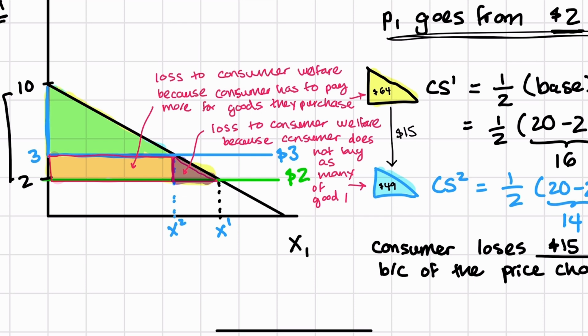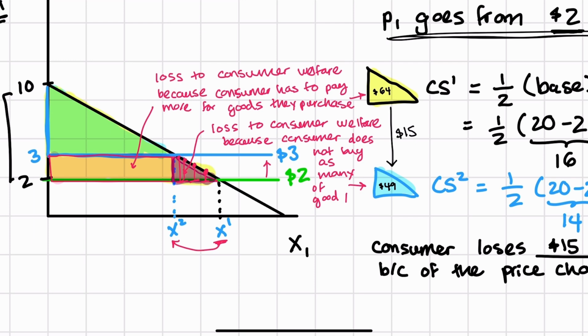So we see the consumer first buying X1 and then buying less of good one. And so they were willing to pay this for good one, and they used to only have to pay this amount. But then when the price increased for good one, all of these purchases were made irrelevant.